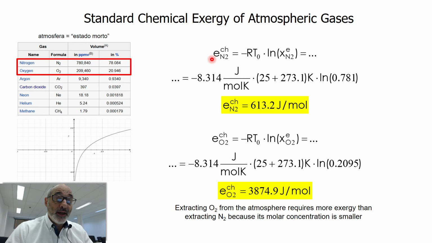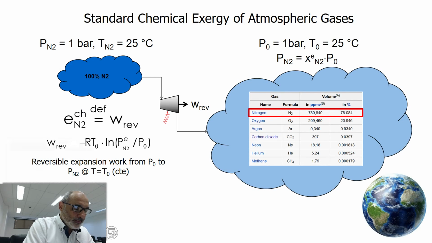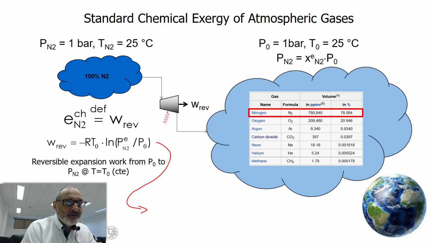First, chemical exergy of nitrogen. So minus RT0. I'm going back one slide just to write this down. In this expression, the term P, the partial pressure of N2, divided by total pressure, I can write in terms of this equation here.